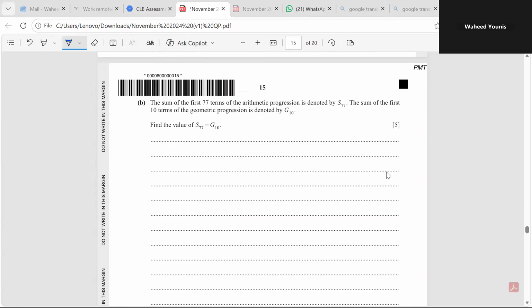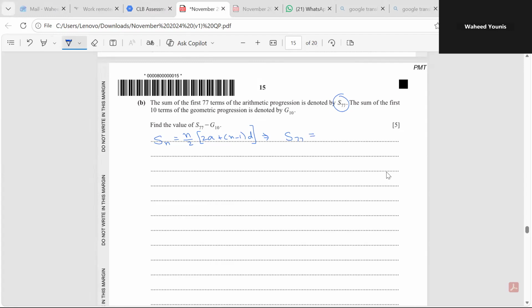The sum of the first 77 terms of the arithmetic progression. Remember the sum of the first n terms of an arithmetic progression is n by 2 times 2a plus n minus 1 into d. So S77, we have to find the sum of 77 terms.